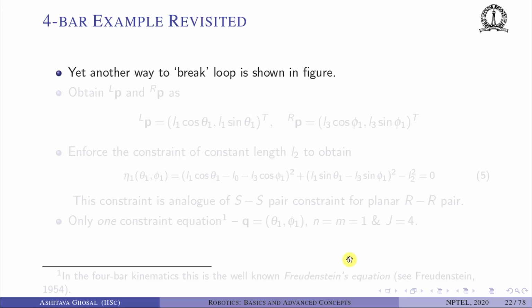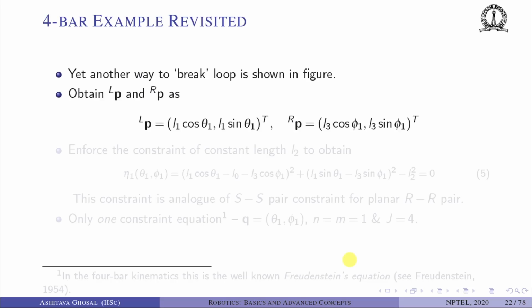Finally, we can break it at the end of the first link and the end of the last link. So we can obtain the point from the left side, which is nothing but L1 cos theta 1 and L1 sin theta 1. And from the right side, we have L3 cos phi 1 and L3 sin phi 1. So what is the constraint we want to enforce?